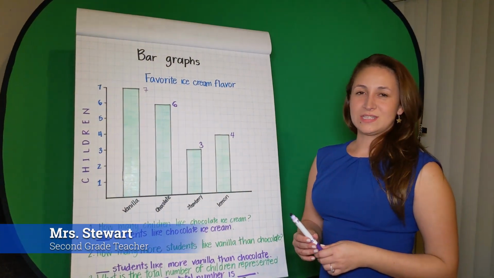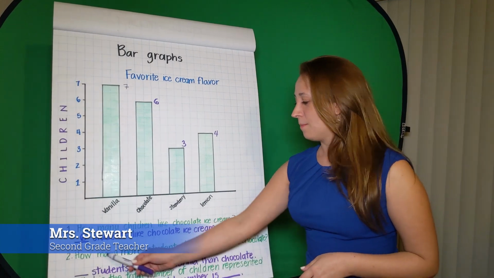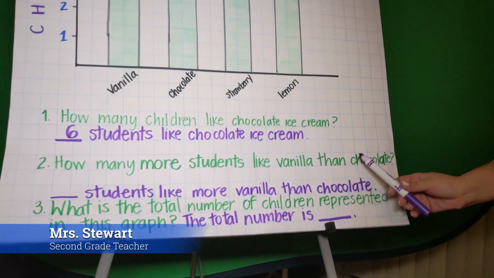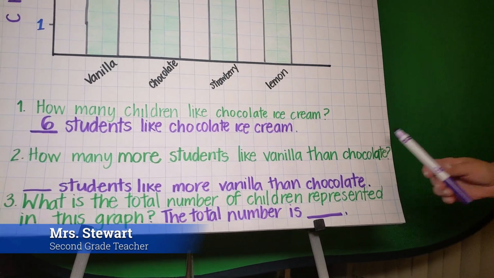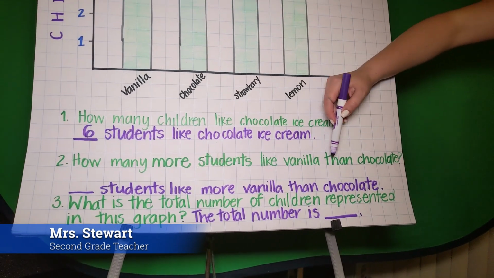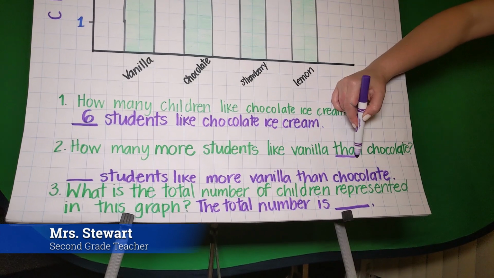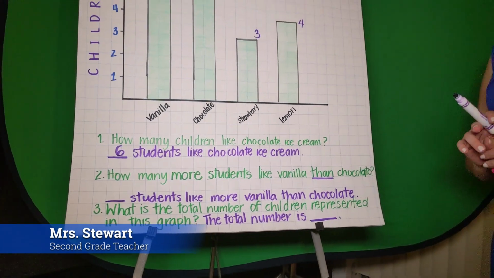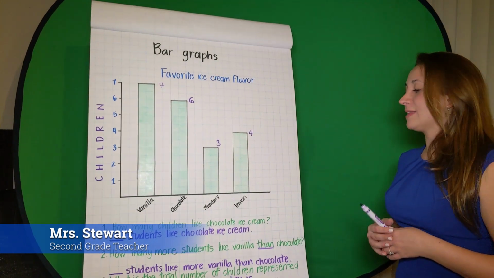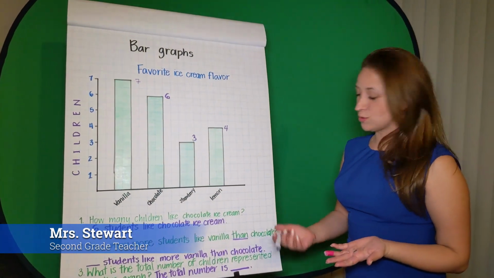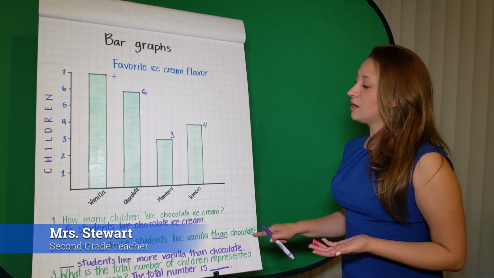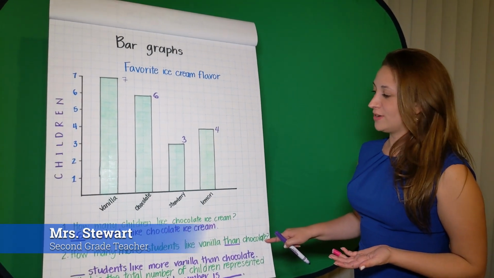Let's look at our second question. How many more students like vanilla than chocolate? Remember that when we have the word than, we're talking about compare. So one more time, we're going to find the difference. Difference between what? Vanilla and chocolate. So we're going to look at the numbers for vanilla.